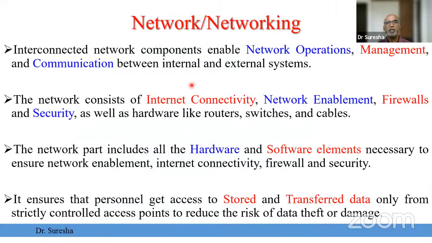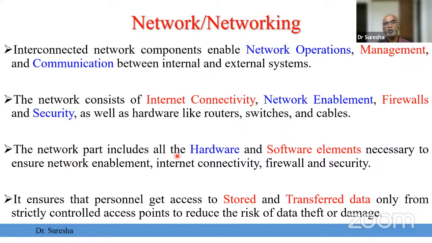So now the very important topic that comes into the picture is networking. Interconnected network components enable network operations, management, and communication between internal and external systems. The network consists of internet connectivity, network enablement, firewalls, and security, as well as hardware like routers, switches, and cables. These are very, very important as far as networking is concerned.